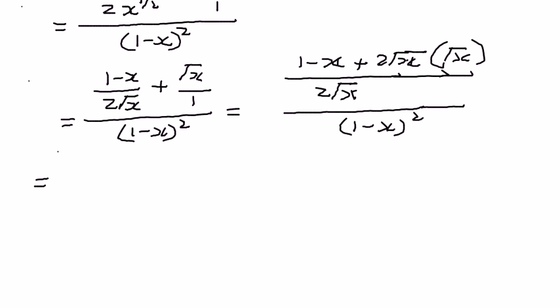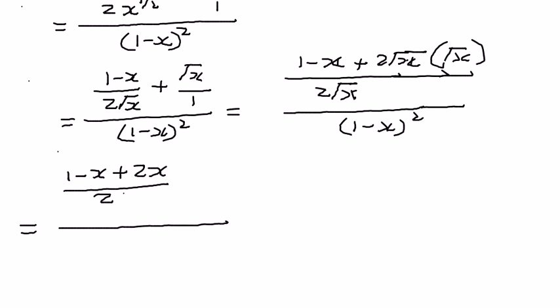Let me write it like this: 1 minus x plus 2 square root of x times square root of x. Square root of x times square root of x is x. Therefore, I can write this as plus 2x divided by 2 square root of x divided by 1 minus x, this whole thing raised to the power of 2.